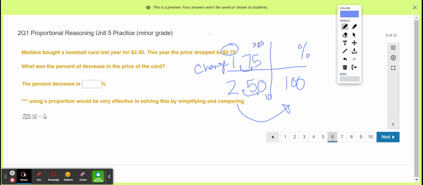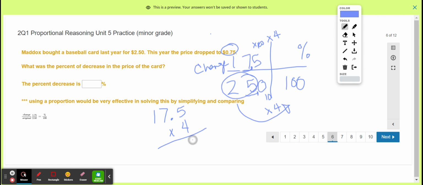Well, that's going to give us 17.5 over 25. And 25 definitely helps us out with 100. So it's times 4, times 4. So we got 17.5 times 4 to help us solve.